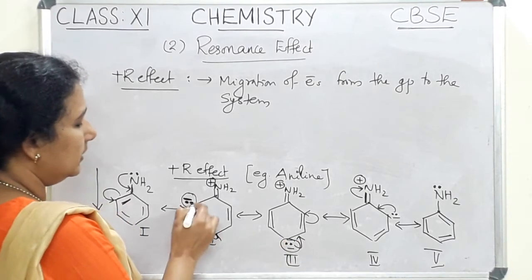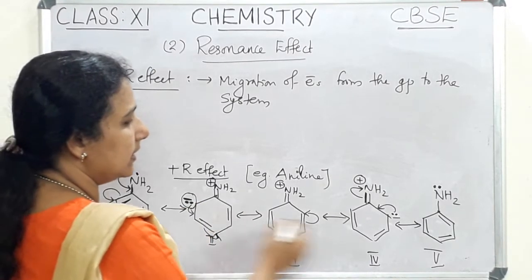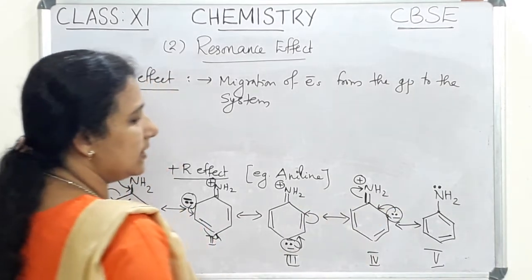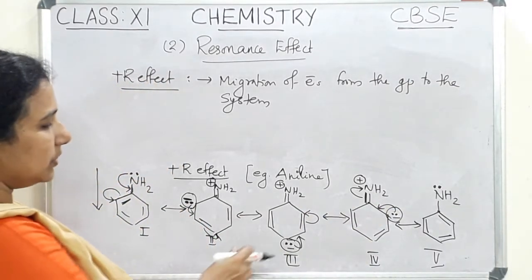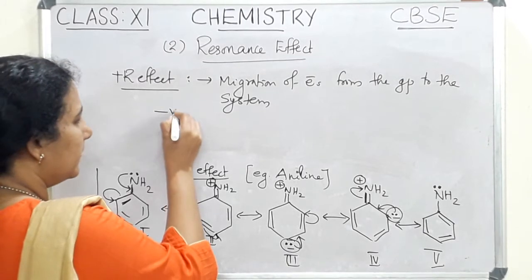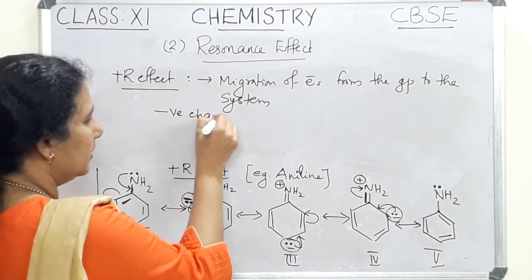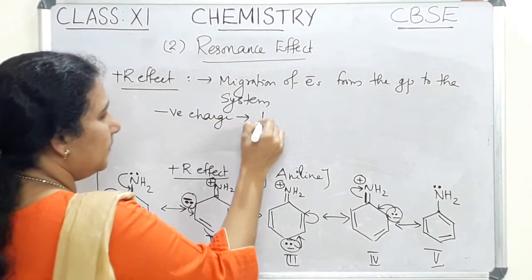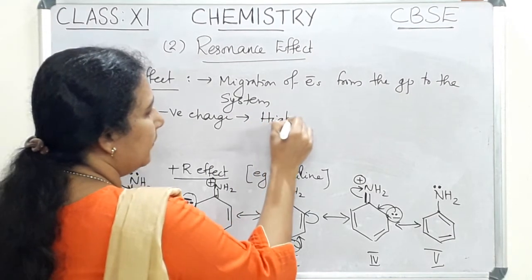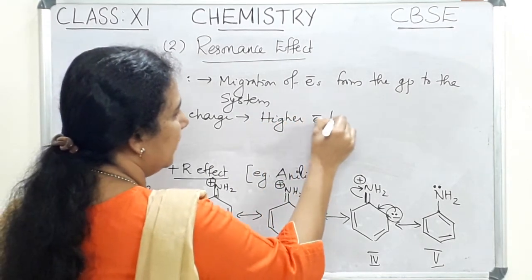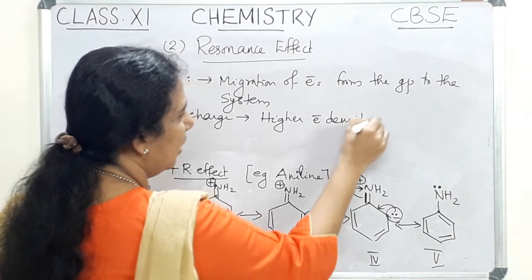Here there is a negative charge, here there is a negative charge, and here also we can see a negative charge. So that negative charge indicates that those positions have higher electron density compared to other positions.